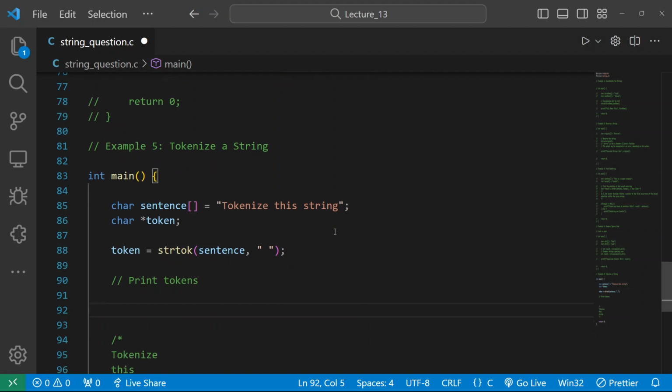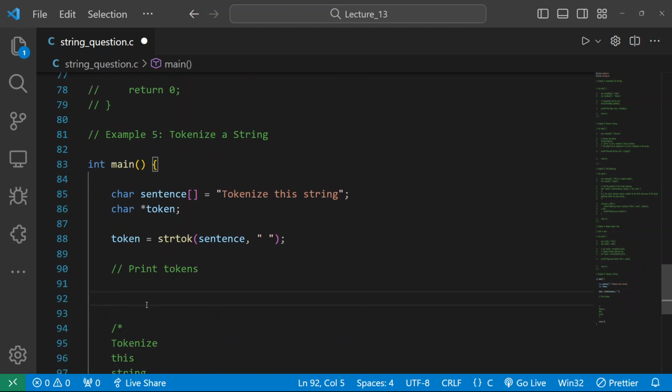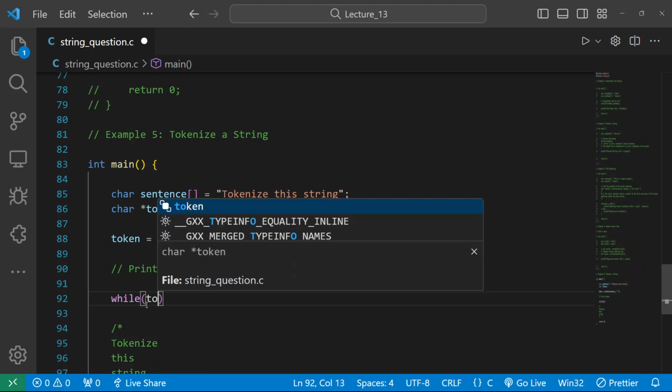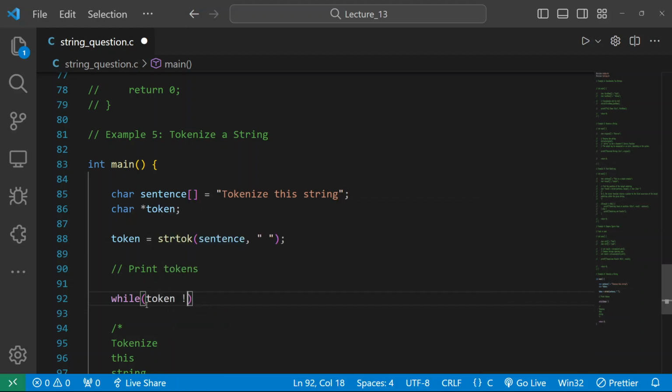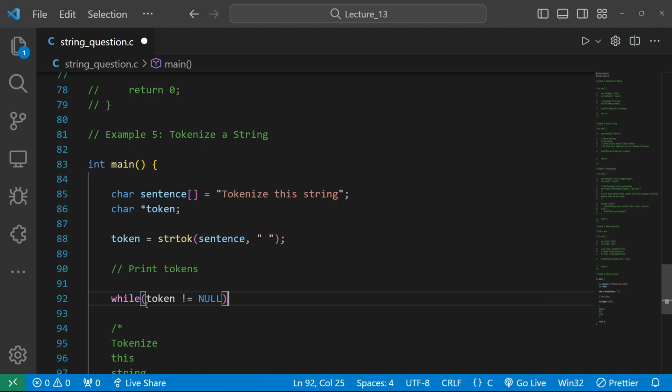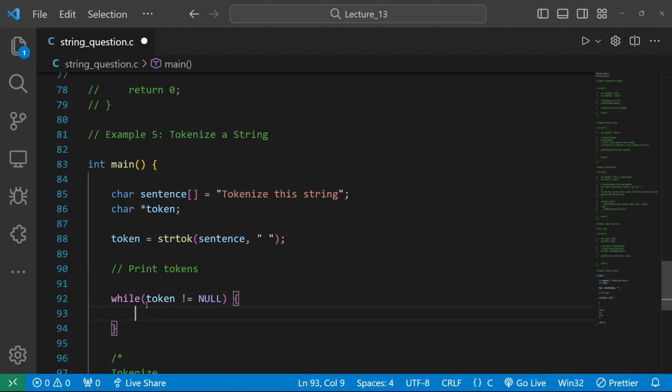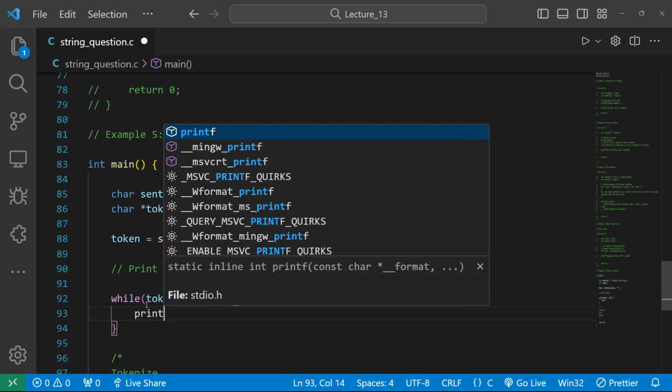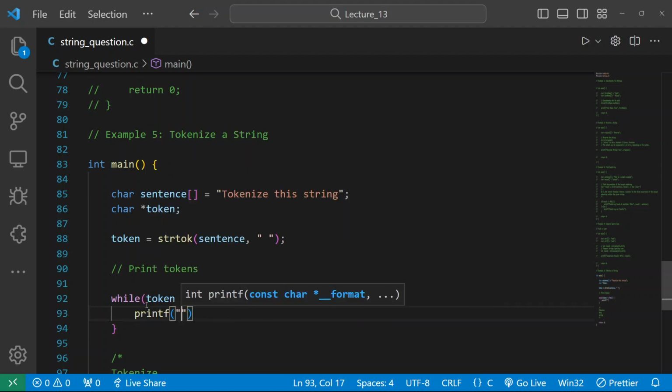You can see there are three tokens, but there can be multiple tokens. We have learned the concept of a while loop, where we need to write a condition. What will be the condition? If token is not equal to null, run my code, repeat my code. Whenever you get null, stop there.